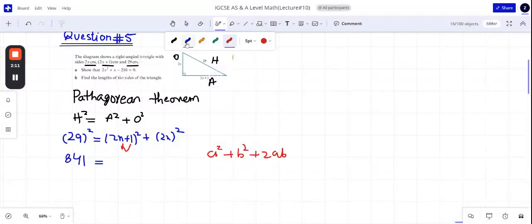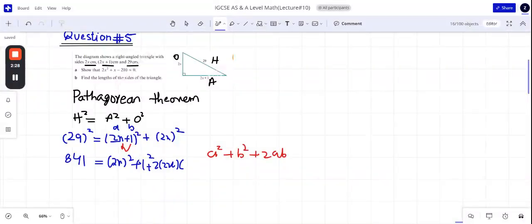The a value is 2x and b is 1, so we write 2x squared plus 1 squared plus 2 times 2x times 1, and the square of 2 is 4, and x squared remains the same.